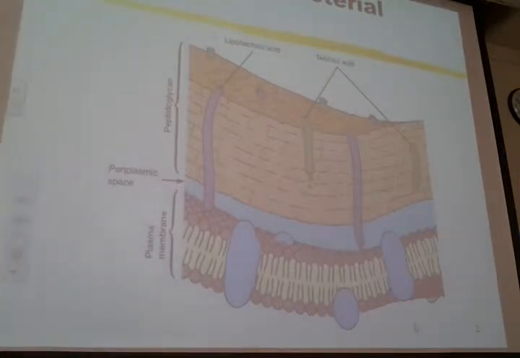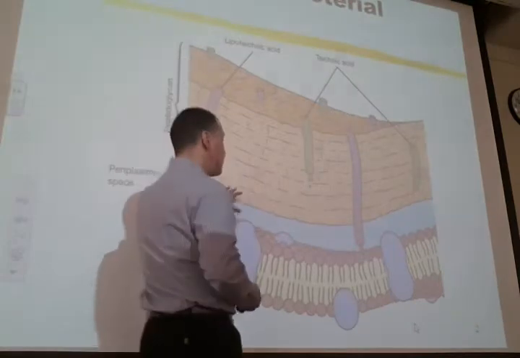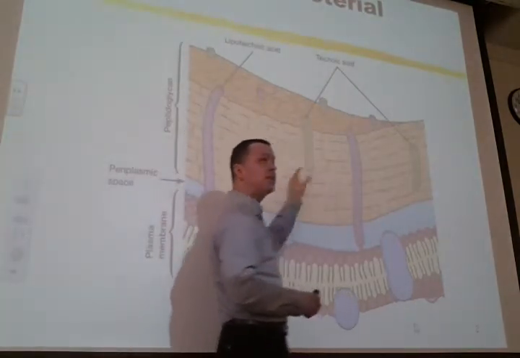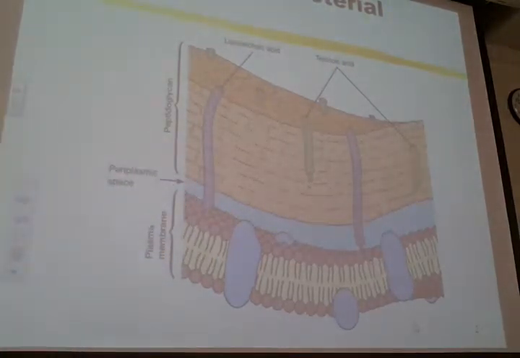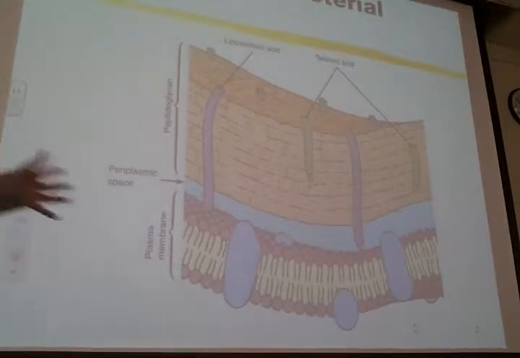Okay? Because that's going to help you diagnose whatever it is and identify whatever it is and treat whatever it is. There's a correlation between different antibiotics and gram-positive versus gram-negative cell walls as well. So you always want to know whether your critter from your patient sample is a gram-positive or a gram-negative type of cell. So again, this isn't just nice little cell biological facts. This really does have clinical implications.